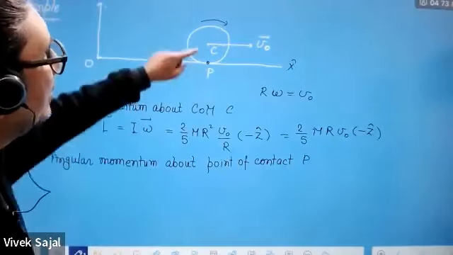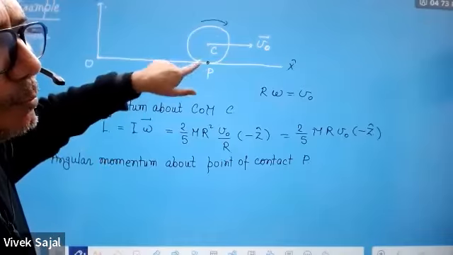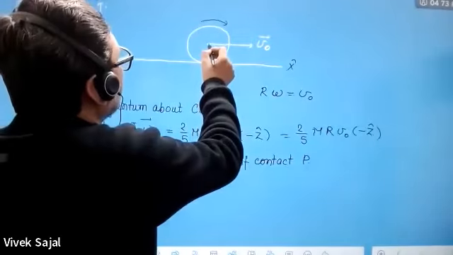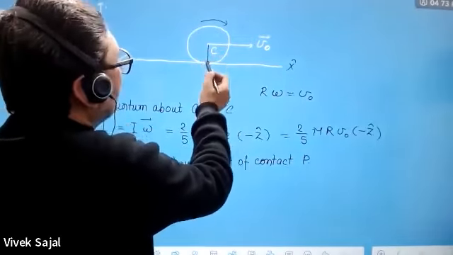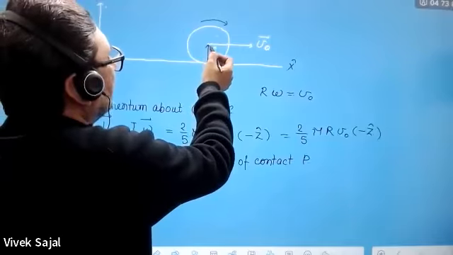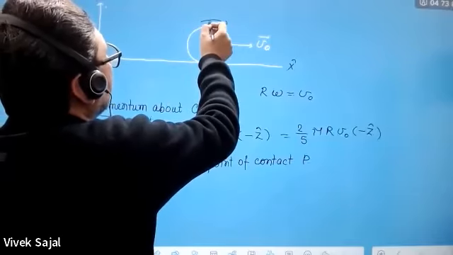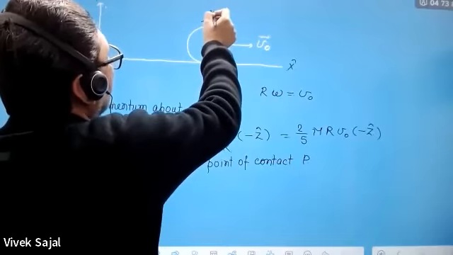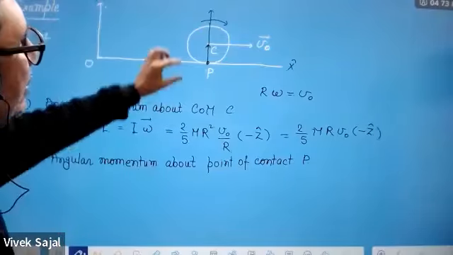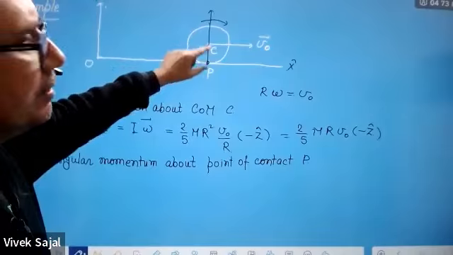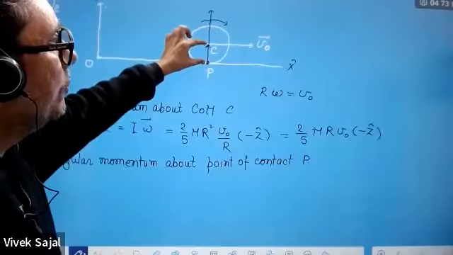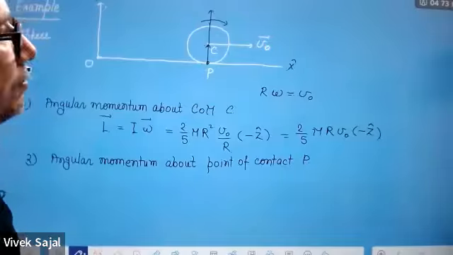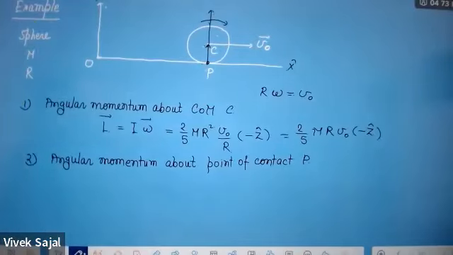What will be the position vector of the center of mass with respect to P? So look here, with respect to P the position vector will be this one. To understand the direction of rotation, I'm drawing like this. Its magnitude is R. This is the position vector, its magnitude will be R, and this will be the direction. Try to understand.